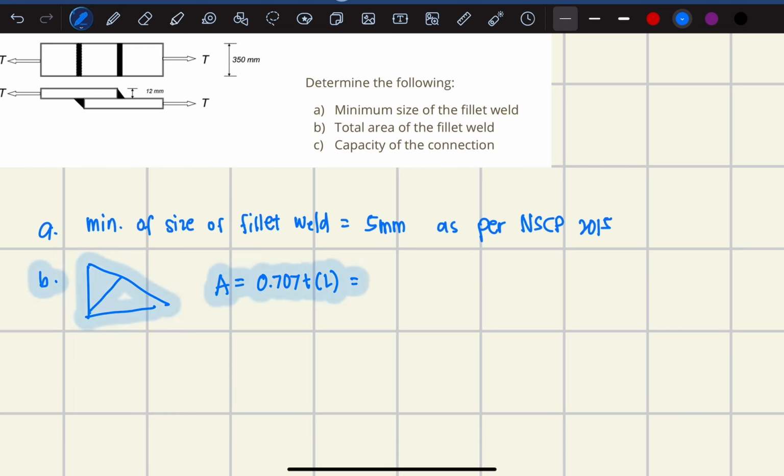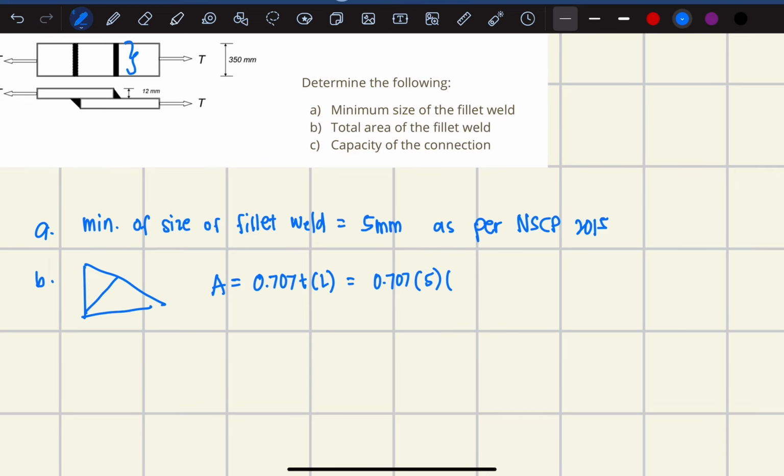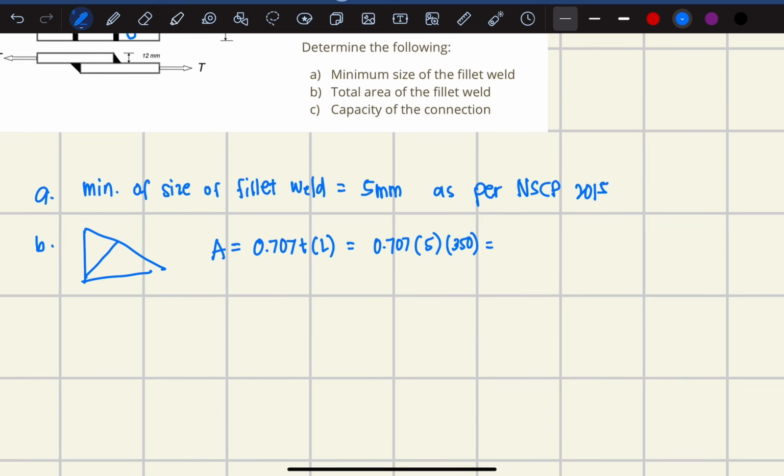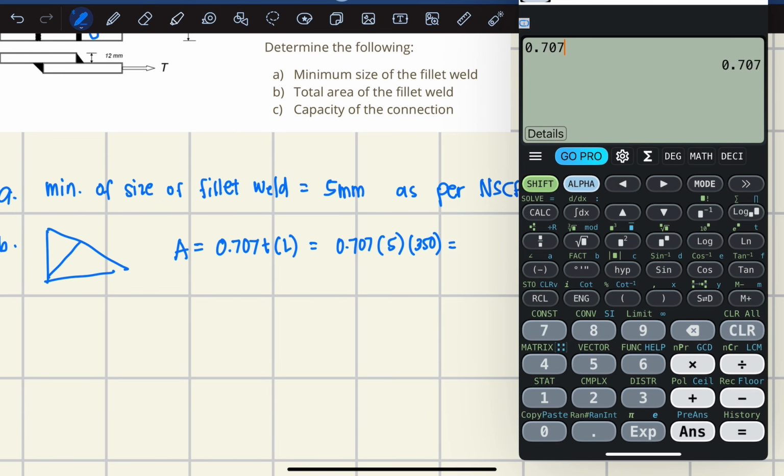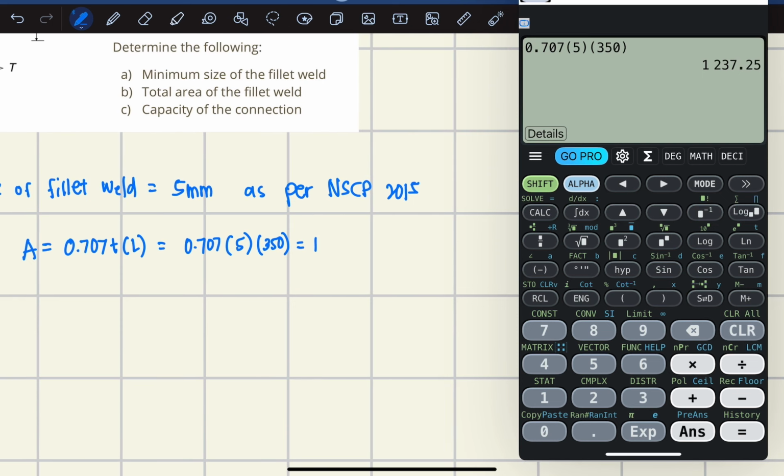The total area of the fillet weld is 0.707 times the thickness of the fillet weld times the length, which is 350 mm. Therefore the area is 1,237.25 mm squared.